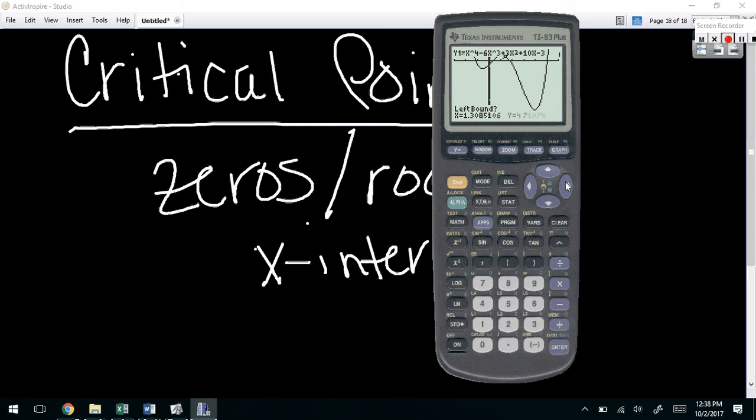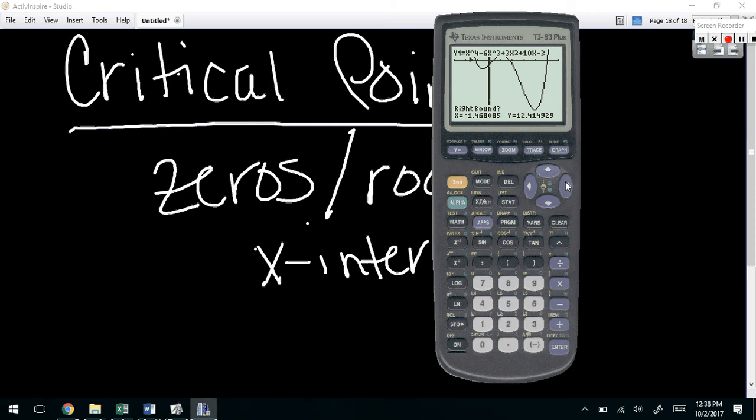My general rule of thumb: I'm pretty close to it right there, but I'm not exactly. Make sure you clear it to the left by hitting the left button, three times, and hit enter.